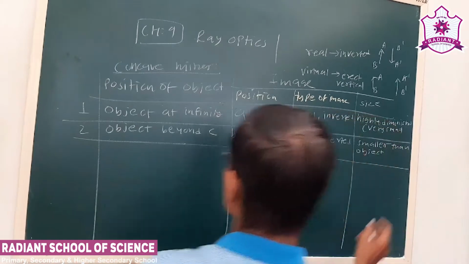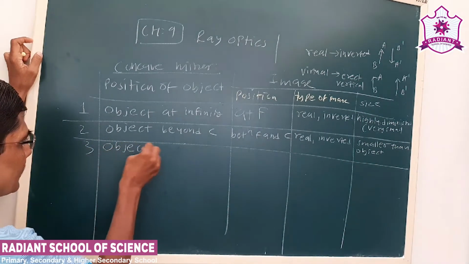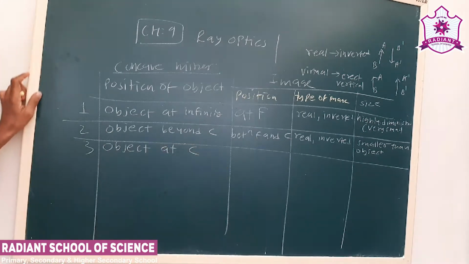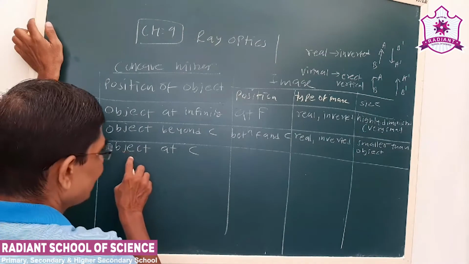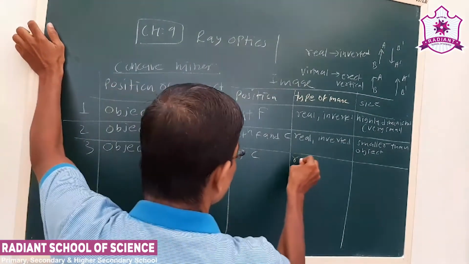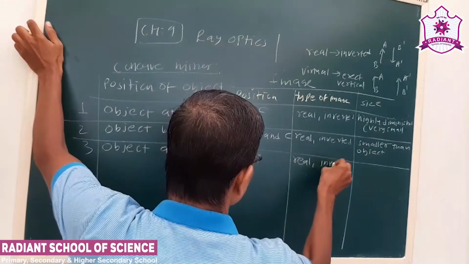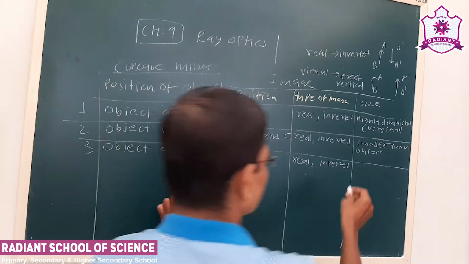This is the second position. The third position, object at C. This also we will see in numericals. When the object is at C, the image is also at C. It is real and inverted, and the size will be the same as the size of the object.